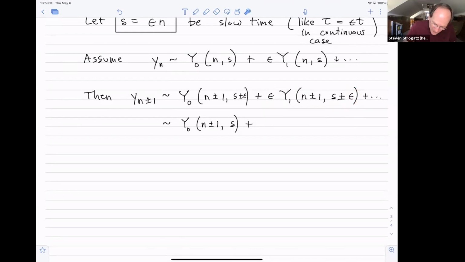At the same order, I can just replace this term by epsilon y1 at n±1, s, at the cost of this squared error that I'm not going to worry about. But I also have another term, so maybe I should say plus order epsilon squared.